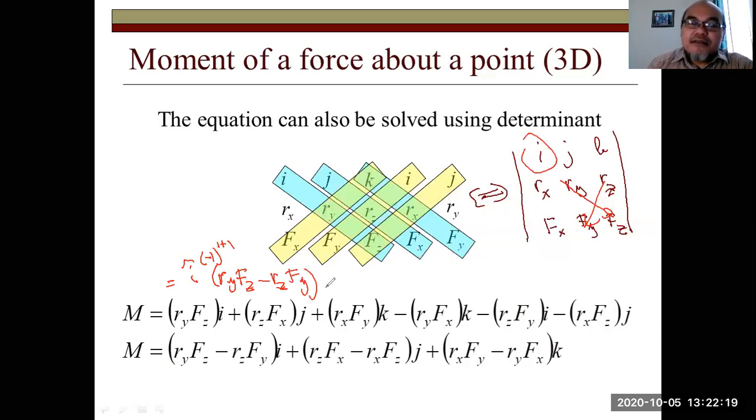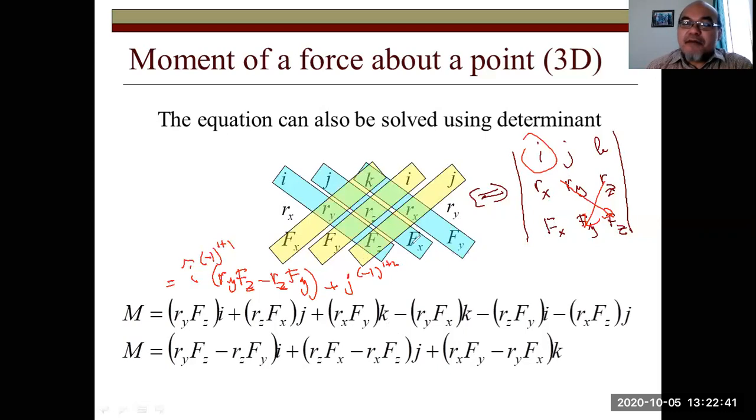Then we add j, multiplied by minus 1 to the power of the first row. j is in the first row but in the second column, so the power is 1 plus 2.